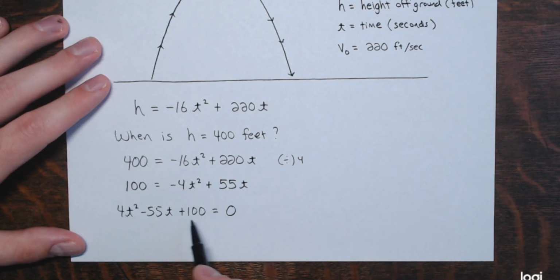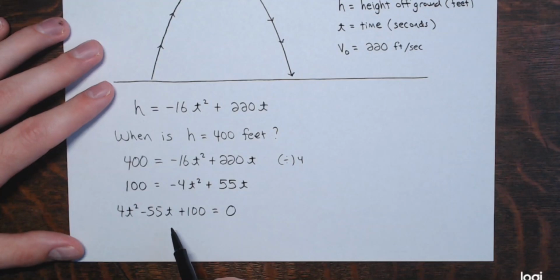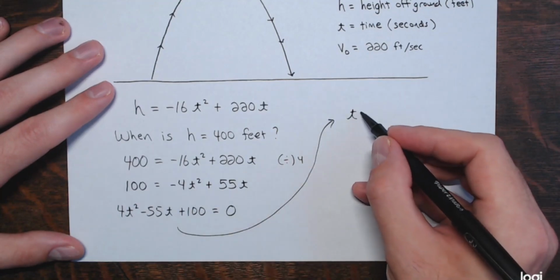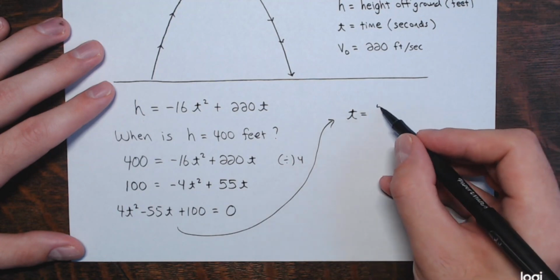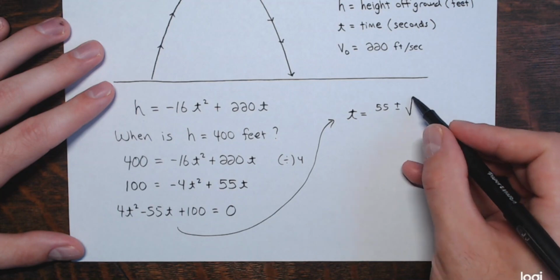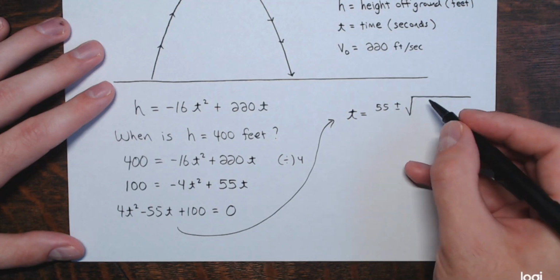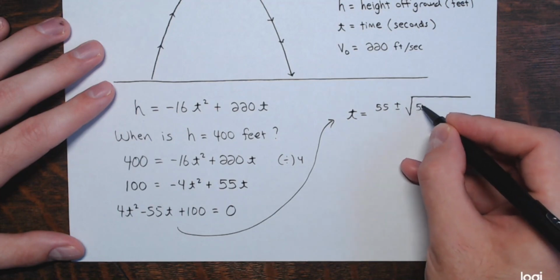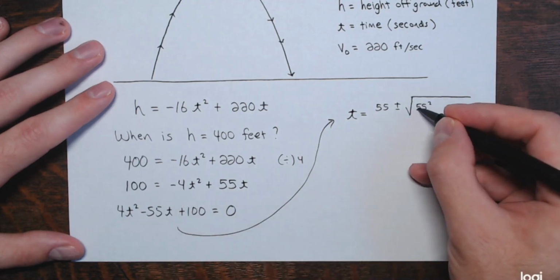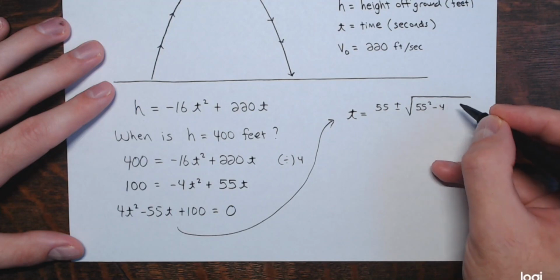And then we use the quadratic formula. So t equals 55 plus or minus the square root of 55 squared, since negative 55 squared would be the same as 55 squared, minus 4 times a, 4 times 4 times 100.